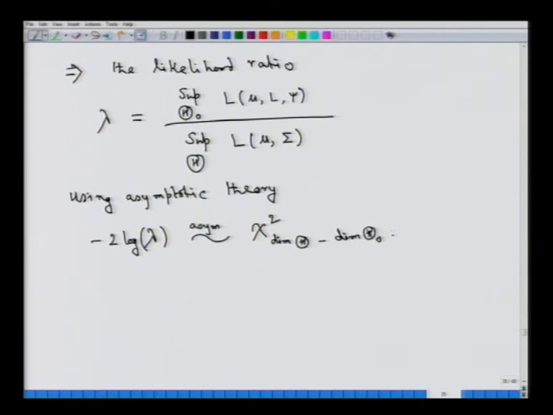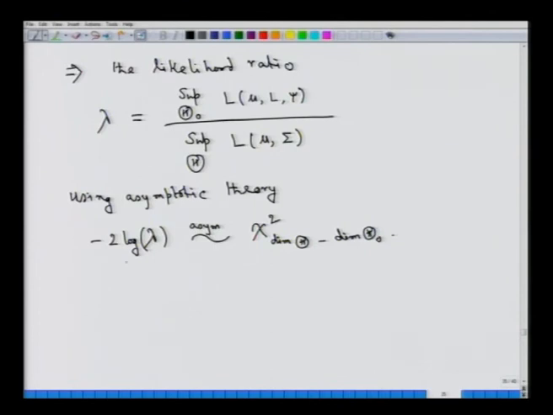So, we will look at this likelihood ratio, and then using the asymptotic theory, we have minus 2 log lambda following asymptotically a central chi-square. From a given data, we will obtain the observed value of lambda, the observed value of minus 2 log lambda, and looking at the appropriate degrees of freedom of that central chi-square, we will look at acceptance or rejection of the null hypothesis.